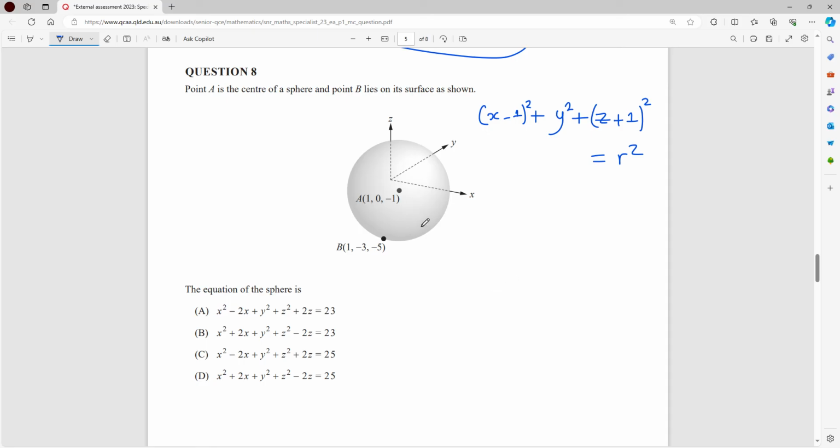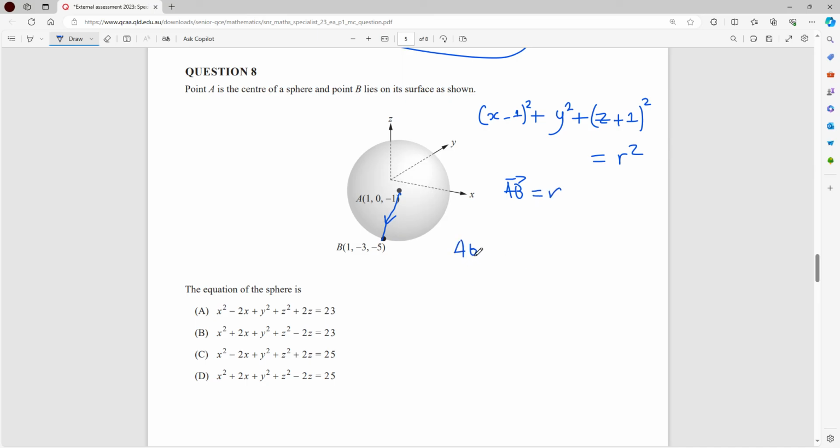Now we have to work out the radius. A lot of people would just go, okay, negative 1 and negative 5, that gives you 4. No, it's a vector. So it's going to have a slight slant to it. So you have to work out what this vector here is. So the vector A to B is your radius, okay?